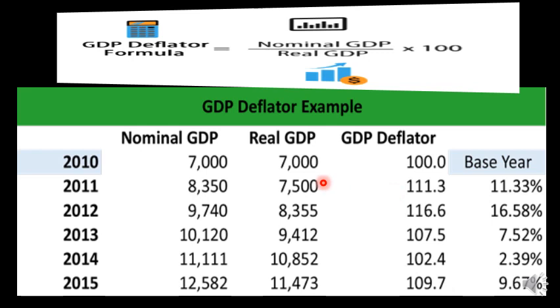Now let us just go to the next year 2011, where you see the nominal value, the real value and the index 111.3. So from the base year's index, the current year index is 111.3. So it shows an 11.33% increase in what? In prices.